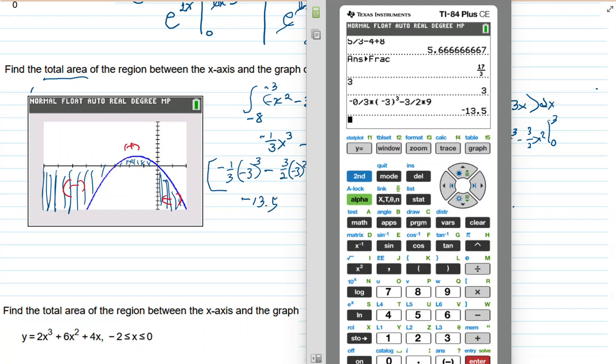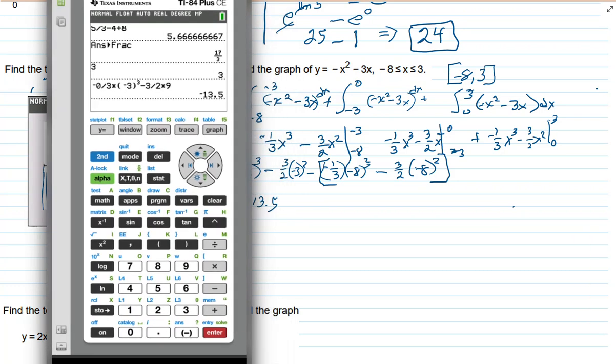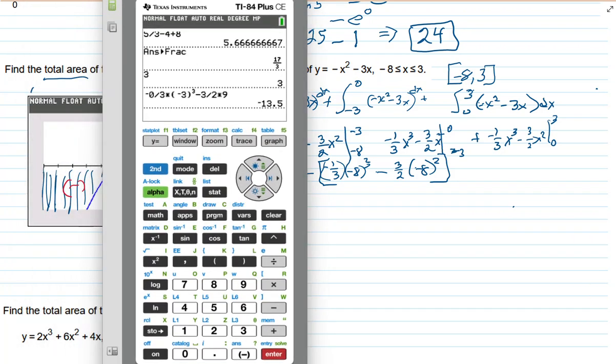I'm going to do the second part of it. And this is minus. I'm just going to do the problem and do the minus at the end.